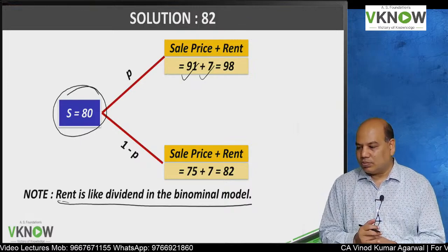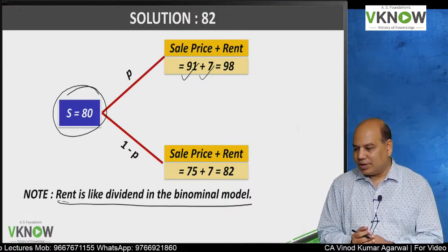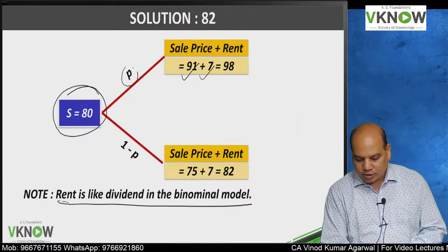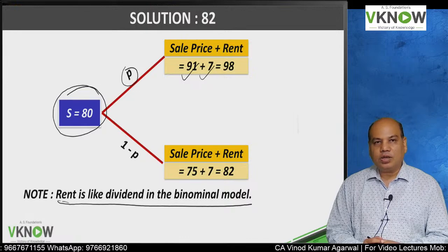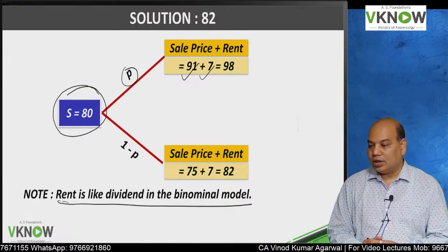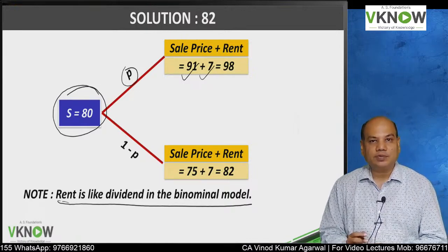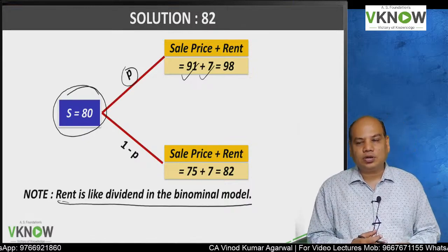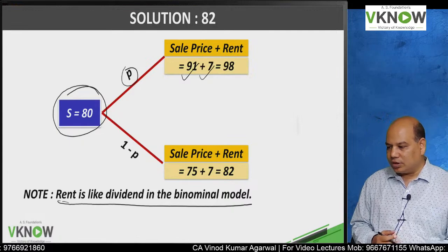So my total value will be 98, sale price plus rent, and we need to find this probability. Whenever rent is given, we add it to the sale price after 1 year, similar to getting dividend on the stock after 1 year.